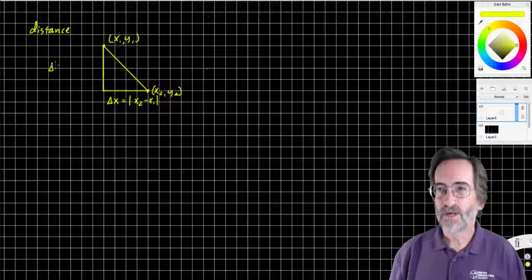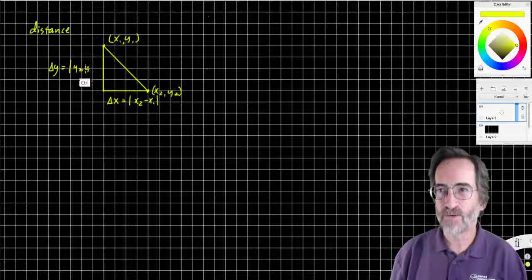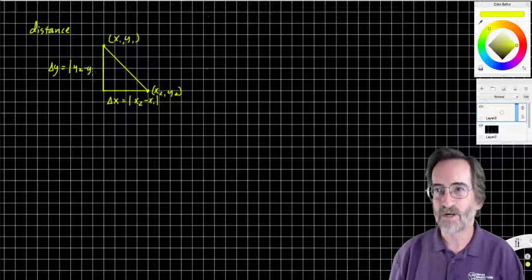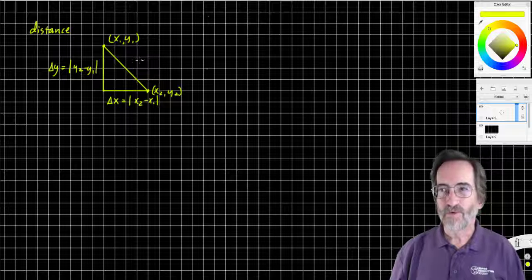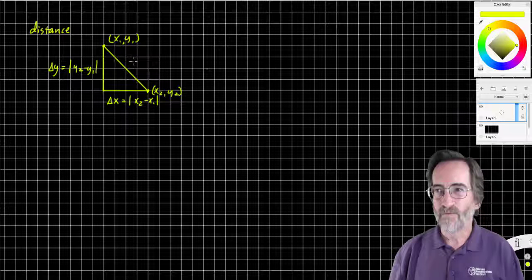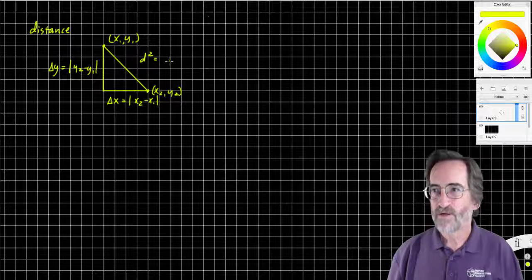Over here, the change in y, the height of the triangle, is y2 minus y1. Absolute value because we don't care about direction, we're just talking about length. And you may recall also from the Pythagorean theorem that the length here, we'll call this d squared equals change in x squared plus change in y squared.